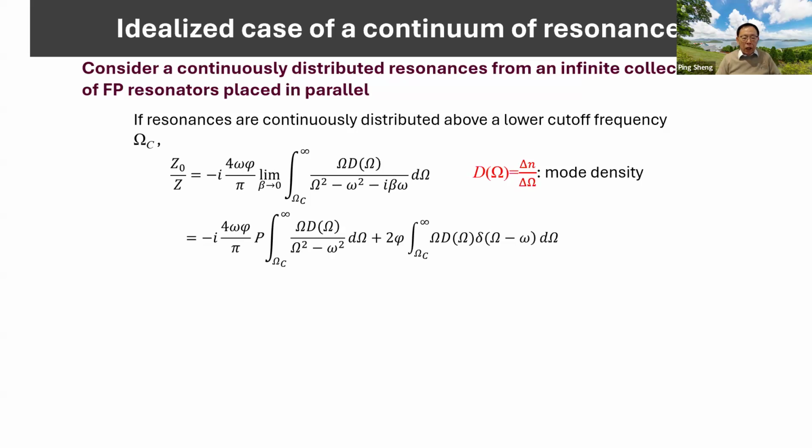Okay. And I also want to interject the fact that for the Fabry-Perot resonator, there are usually an infinite number of resonances. The lowest resonance will have a wavelength that's, namely, the quarter wavelength of the lowest resonance frequency is equal to the length of the Fabry-Perot resonator.